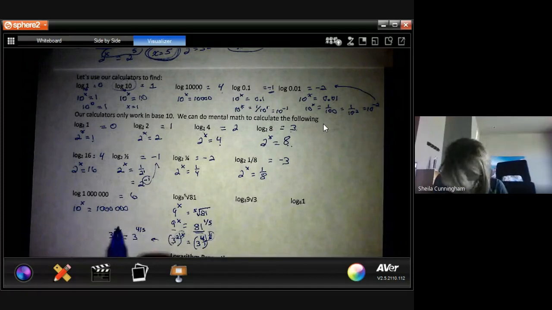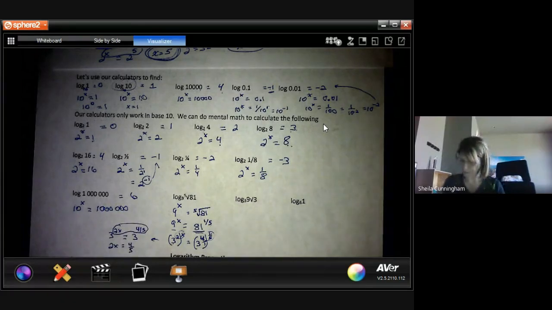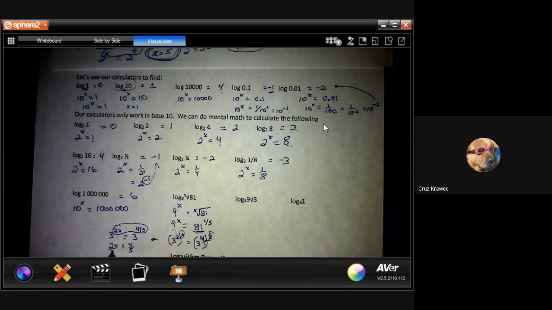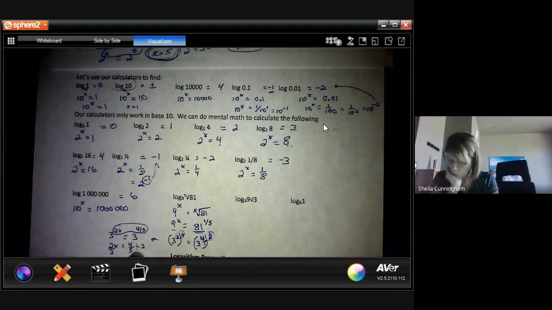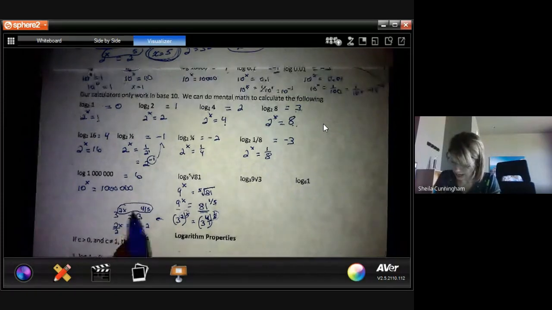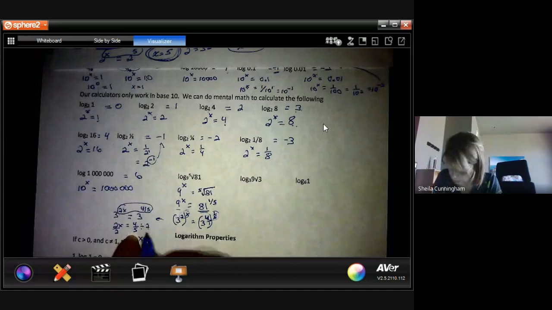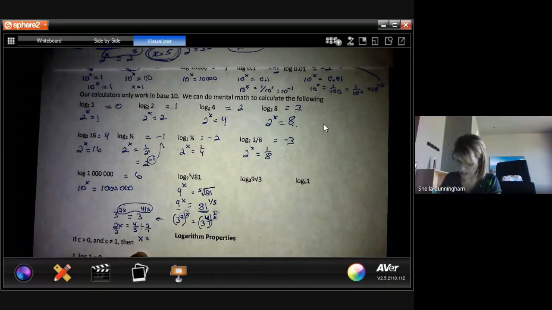So now these exponents I can set equal to each other. And I can go ahead and solve for x, which means I'm going to divide both sides by 2. So when I take a fraction and I divide by a whole number, this whole number is like saying over 1, right?